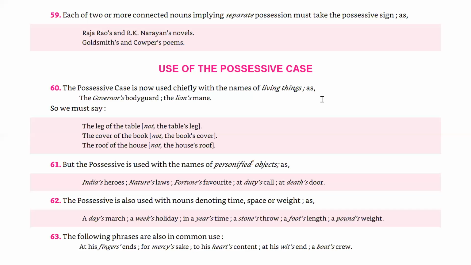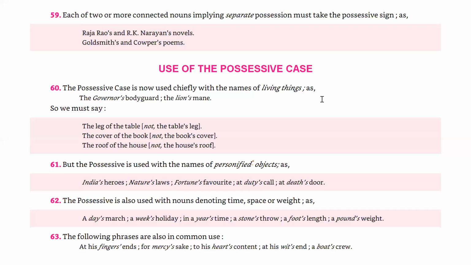The possessive is also used with nouns denoting time, space, and weight. For example, a day's march, a week's holiday, a year's time, a stone's throw, which means it is not far and you can reach quickly. A foot's length, a pound's weight.